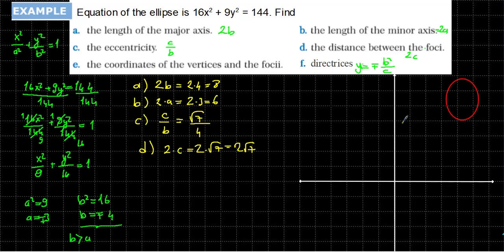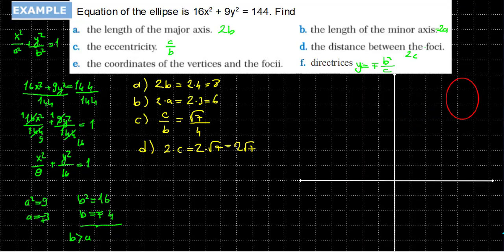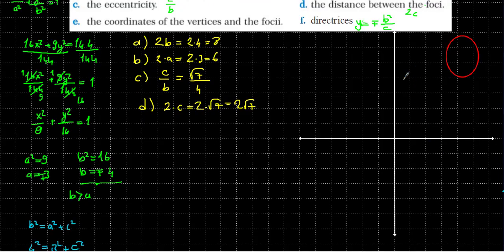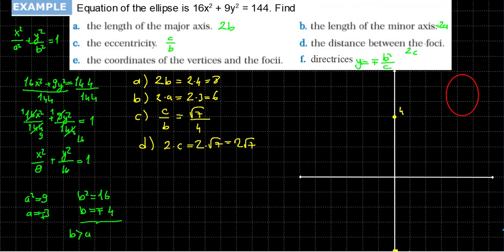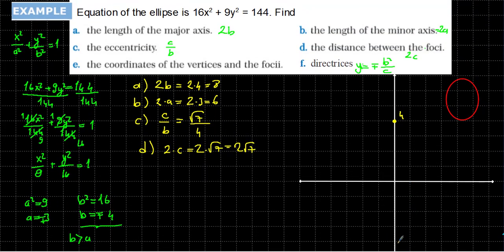I'm going to show again on the graph to explain better. Firstly, the lengths are 4 and minus 4, so I'm going to locate 4 and minus 4 like this. I think I put minus 5. Yes, I put minus 4.